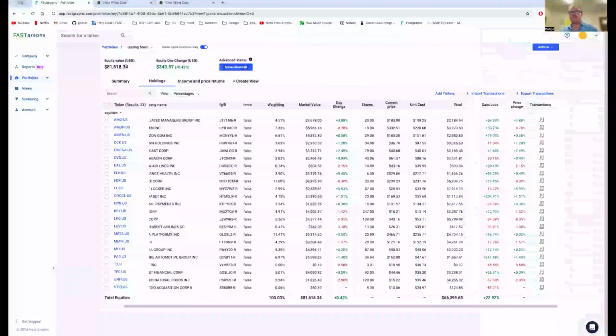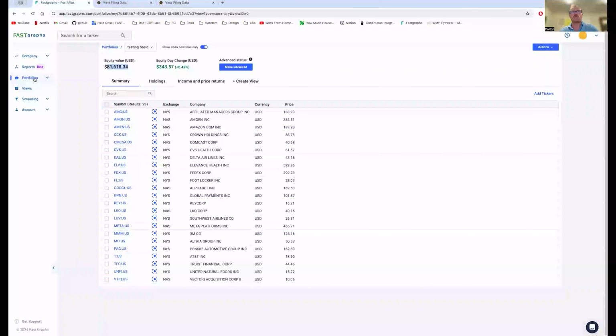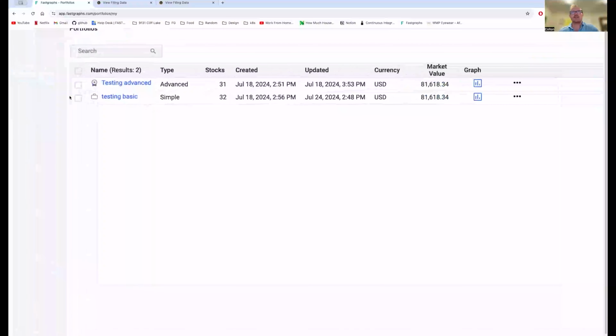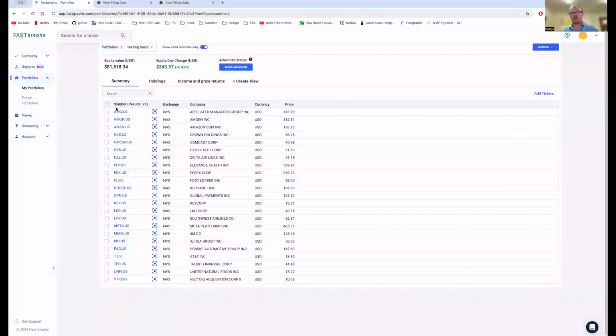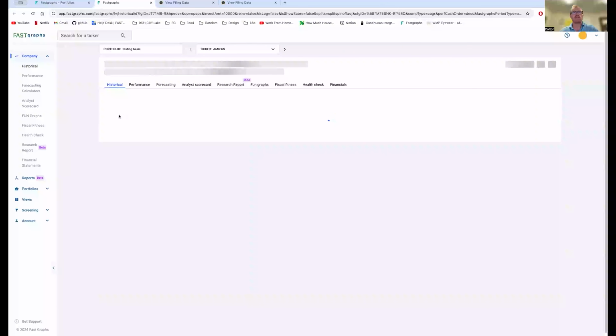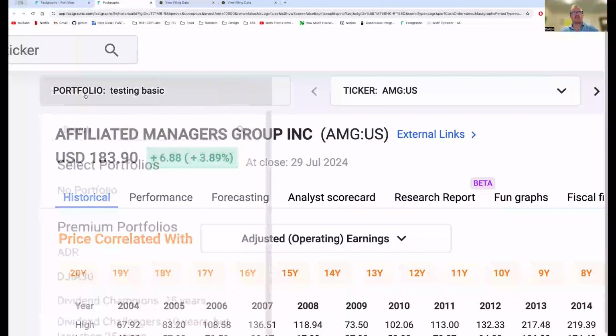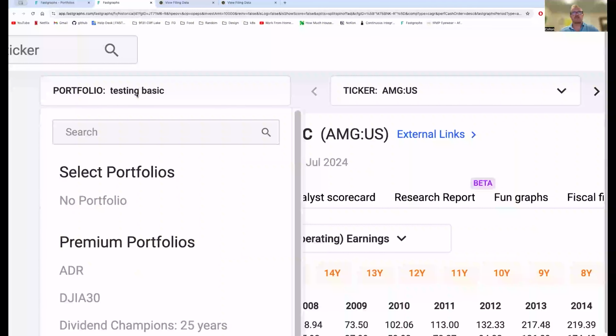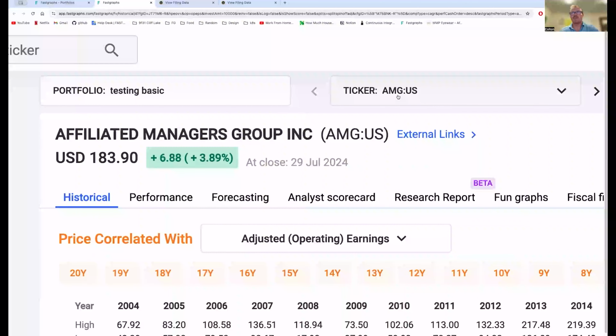And then we offer a basic portfolio. That's what this one is. It's actually a simple portfolio is what it's called. We have 5 advanced portfolios allowed for our premium users. But basic allows me to still plot transactions. And then if I were to click on one of these, notice that this has now added this thing up here where it tells me the portfolio and then the tickers, right?